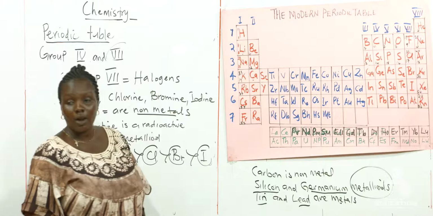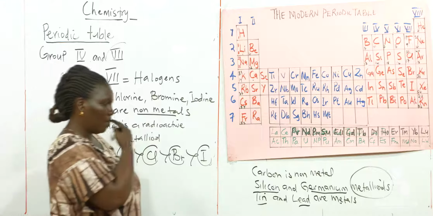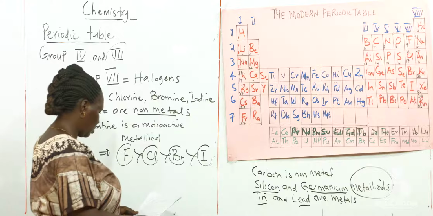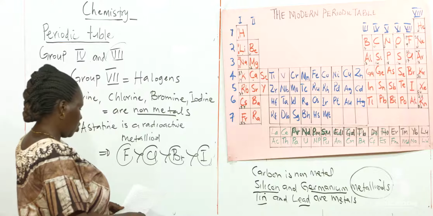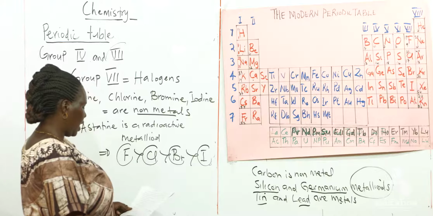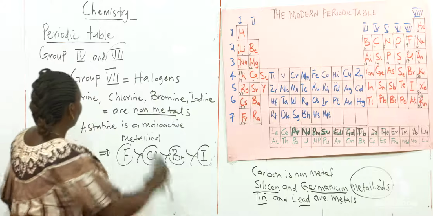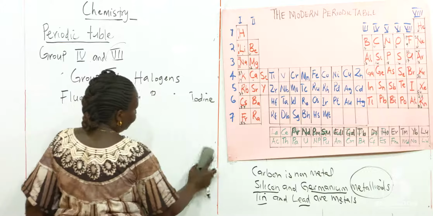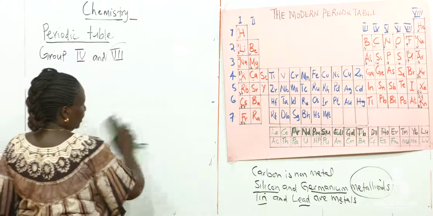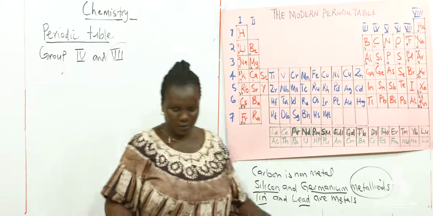So they are called halogens. Halogen means salt former, that is, they form salts. So all halogens form similar salts with sodium and with other alkali metals. And then we said astatine is a radioactive metalloid.